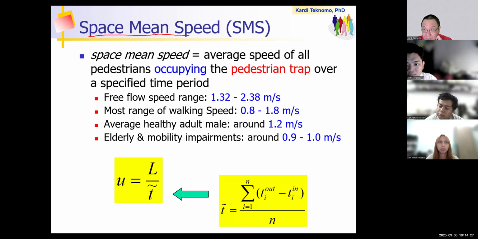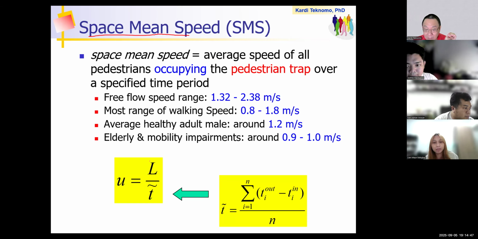Space mean speed means the average speed of all pedestrians or vehicles occupying that track, the observation track that you use, for a specific time period.